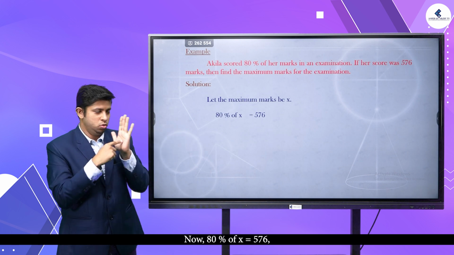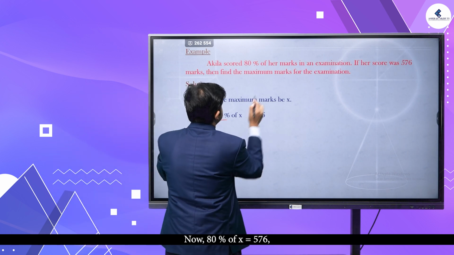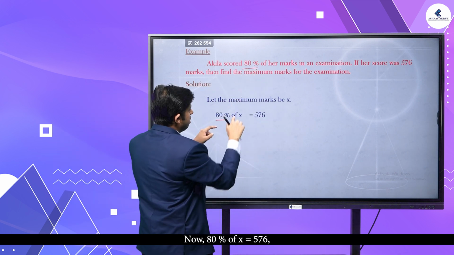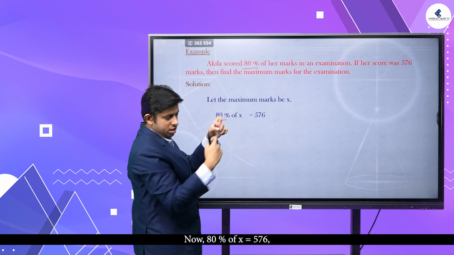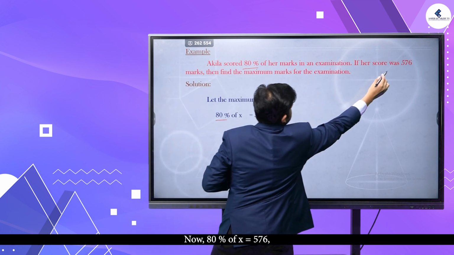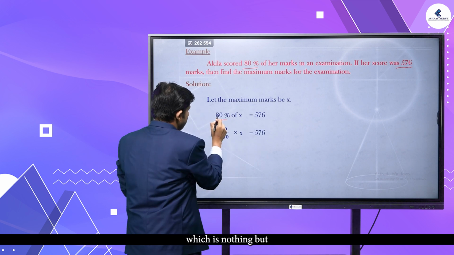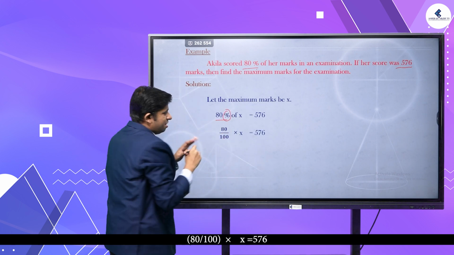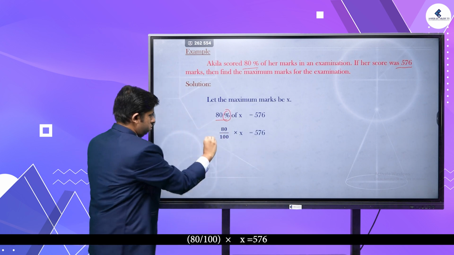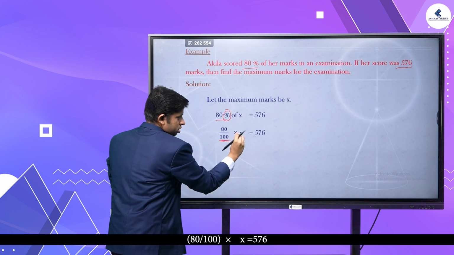Now 80% of x is equal to 576, which is nothing but 80 by 100 into x is equal to 576.